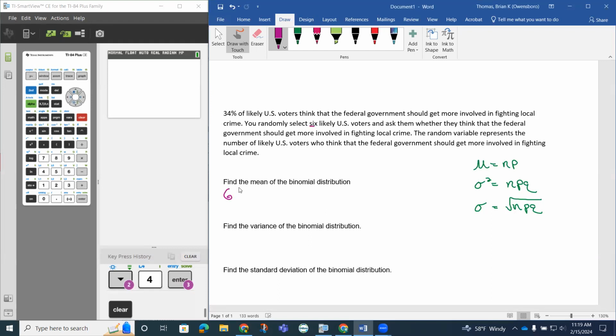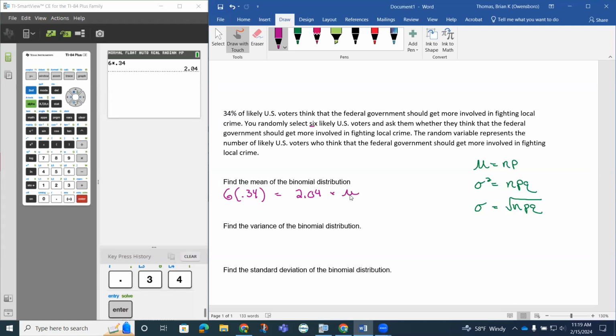If we multiply that by the probability, which was a 34% chance, that gives us what we call our mean. So 6 times 0.34 is 2.04. So 2.04 would be our mean.